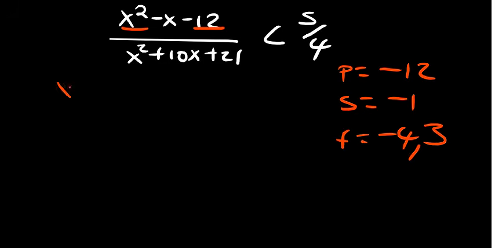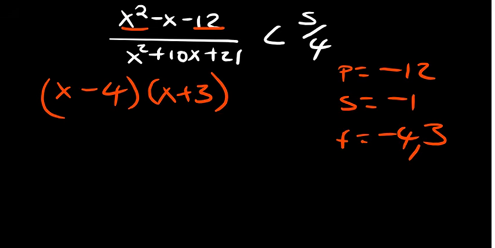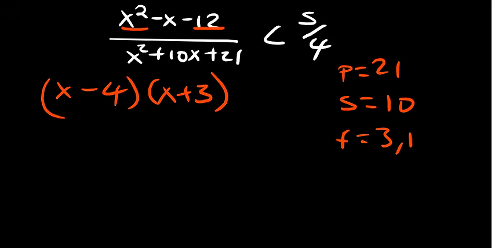So we have x squared, we have x, I'll get the factors, x minus 4, we also have x plus 3. How about the denominator there? What is our product? So for our product there, what we have is a 21, our sum is 10. So values 3 and 7. If you multiply them, they give you 21. If you add them, they give you a 10.